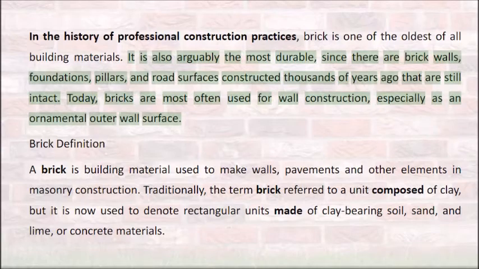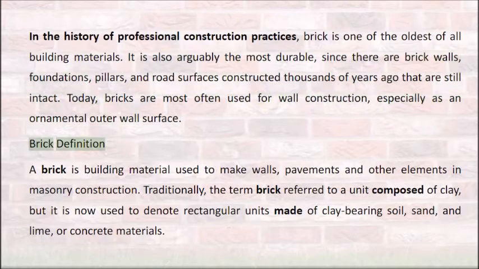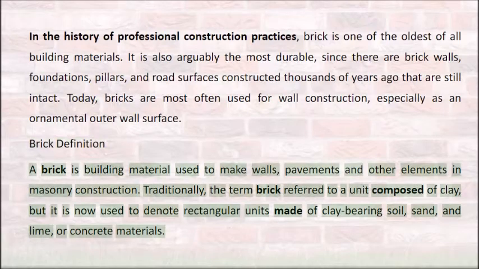Today, bricks are most often used for wall construction, especially as an ornamental outer wall surface. Brick definition: a brick is a building material used to make walls, pavements, and other elements in masonry construction.